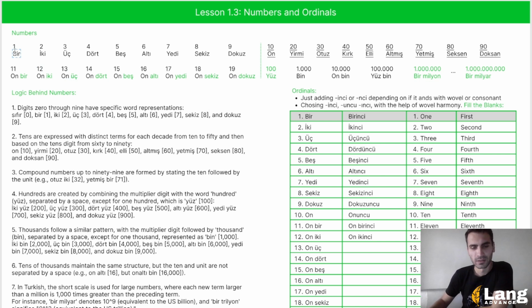All right. Numbers. 1, 2, 3, 4, 5, 6, 7, 8, 9, 10.